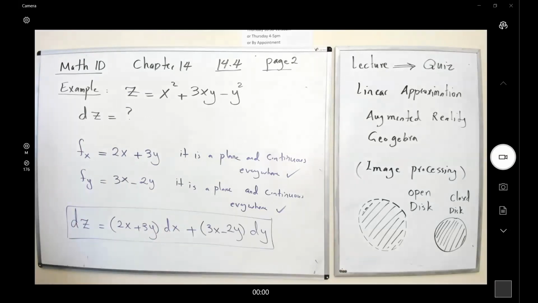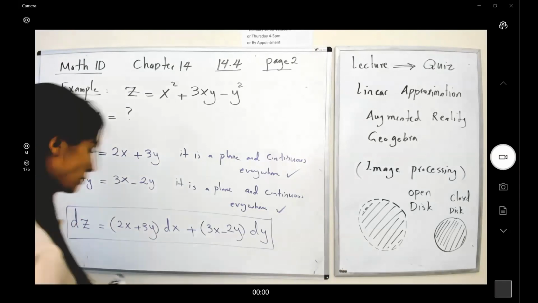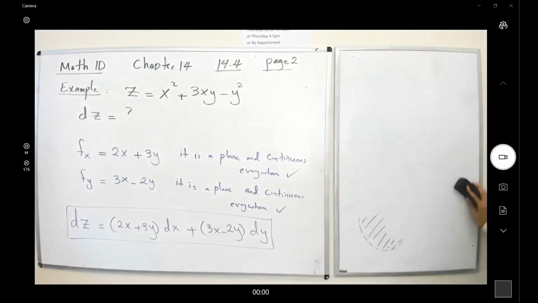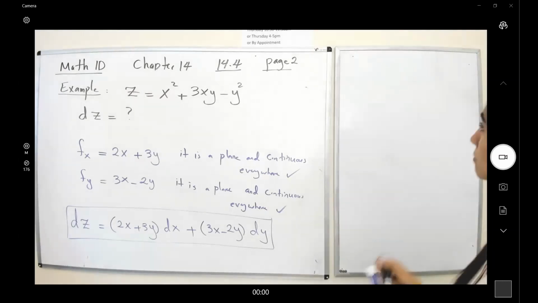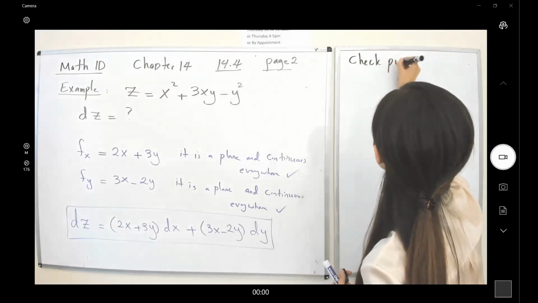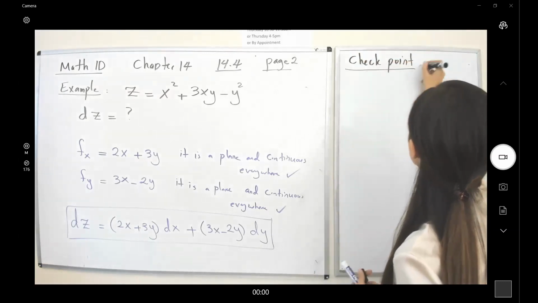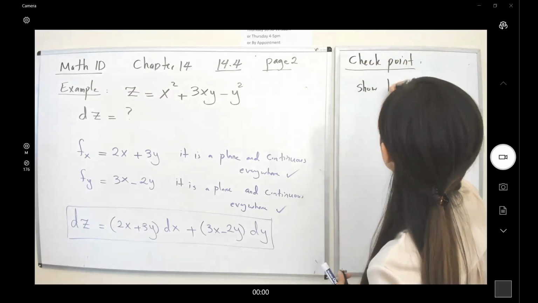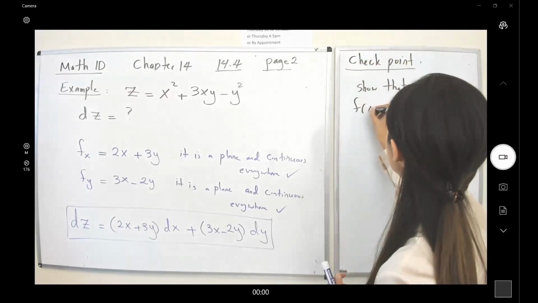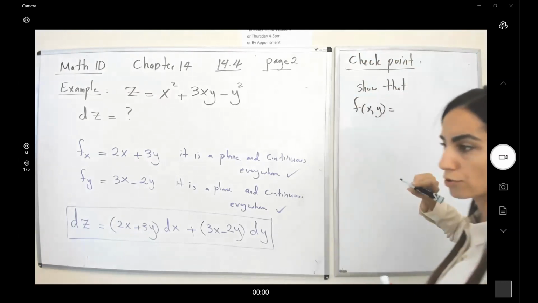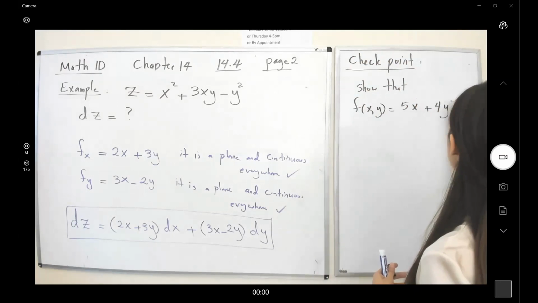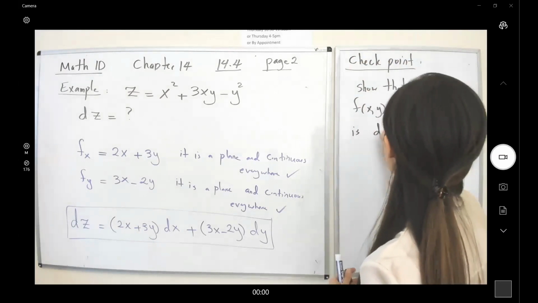One checkpoint for you. Show that the following function, f of x and y, which is equal to 5x plus 4y squared, is differentiable.